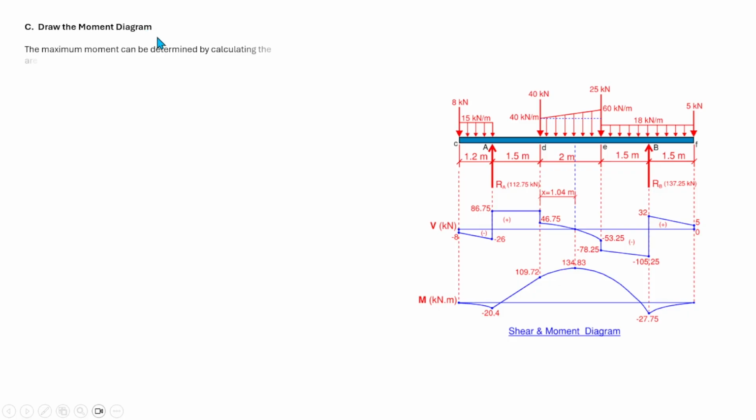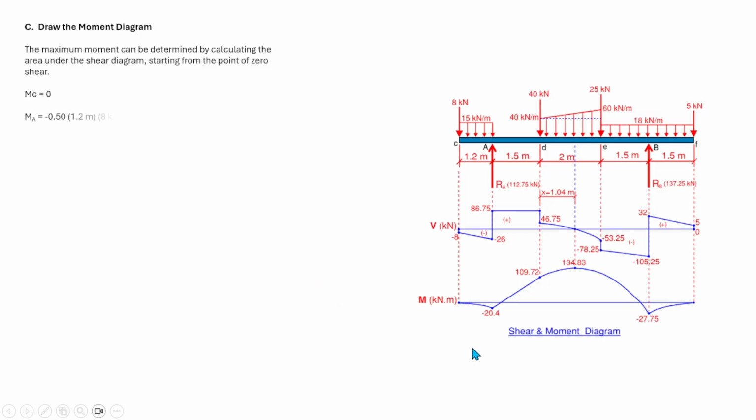The maximum moment can be determined by calculating the area under the shear diagram, starting from the point of zero shear. So the moment at point C is equal to 0 because we don't have anything here.